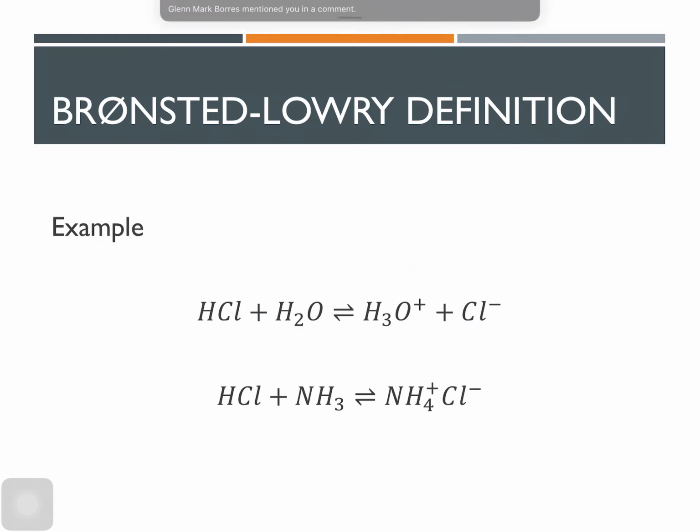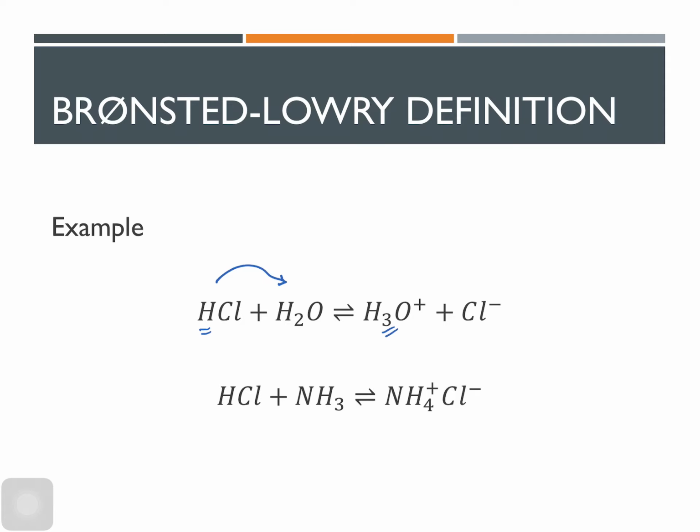For example, we have here hydrochloric acid dissolved in water producing hydronium ion and chloride ion. As you can see, the hydrogen of HCl is transferred to H2O, giving it an additional hydrogen.